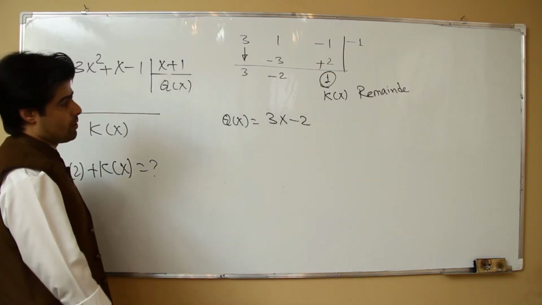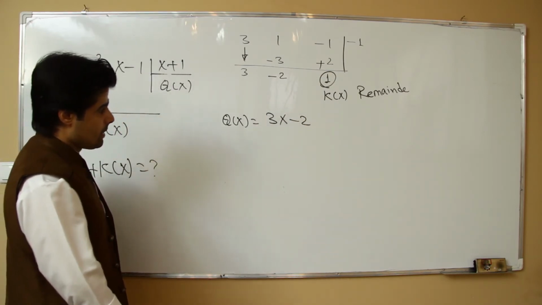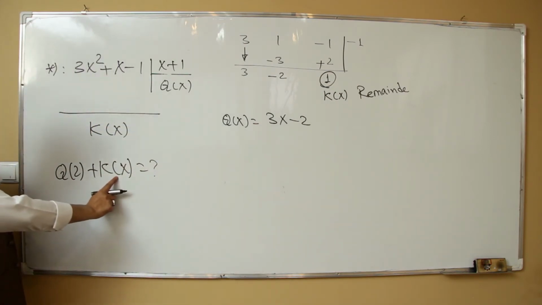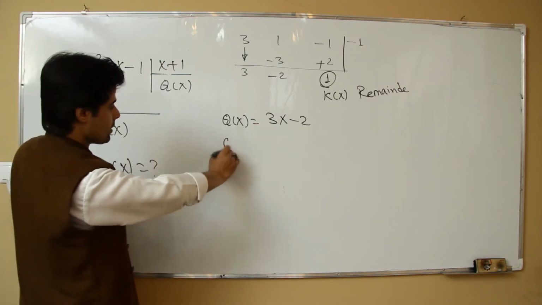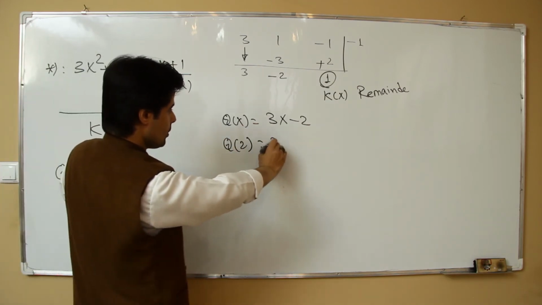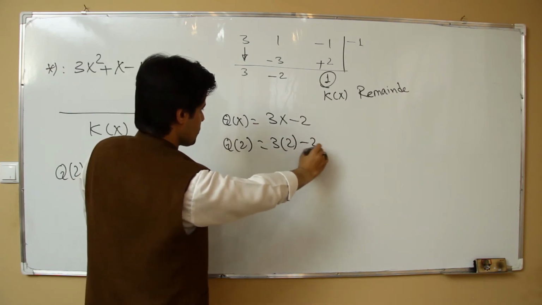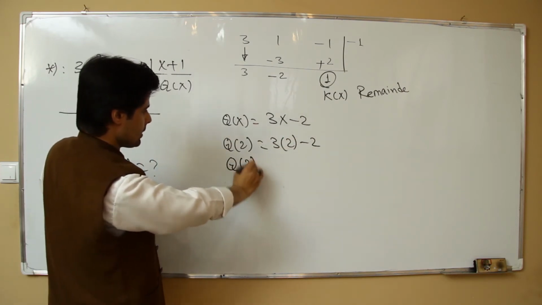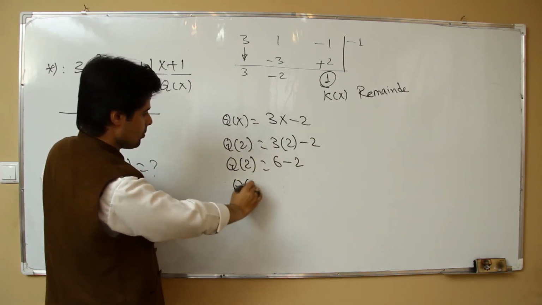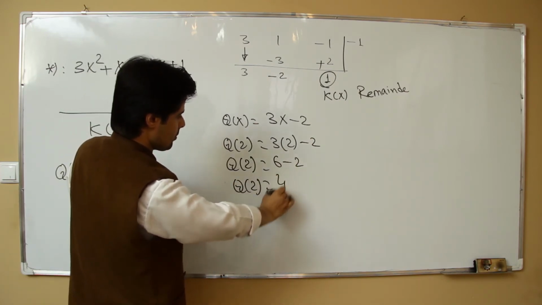This is q(x). Now what is the question? The question is q(2) plus k(x). How can you find q(2)? For q(2), instead of x you have to put 2. 3 times 2 minus 2. Then q(2) is 3 times 2, 6, minus 2. Q(2) is 6 minus 2, it's 4.